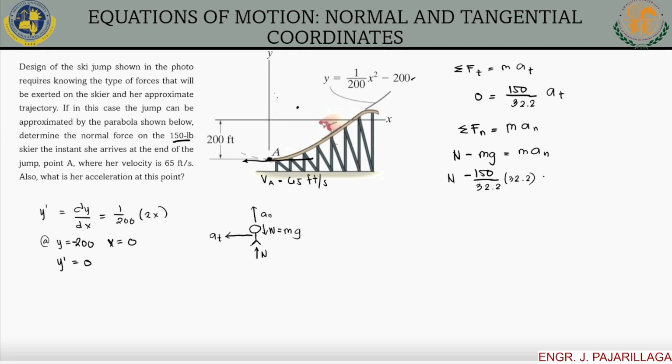Wait. So, magka-cancel out lang. I can already use W naman nga pala. Sorry, I forgot. Nasanay ako ng mg. And then, 150 over 32.2 times a_n. Okay, so from here, you can solve a_n in terms of N. So, we have here N minus 150 is equivalent to 150 over 32.2 a_n.